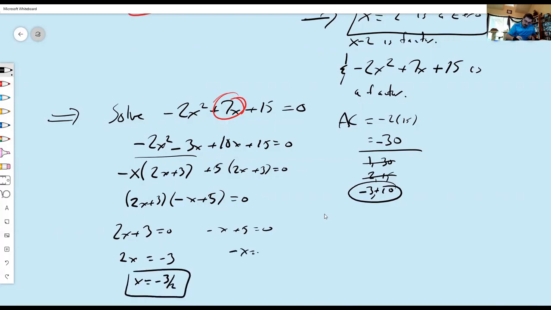Here, minus x equals minus 5, x equals 5. So the zeros in this polynomial are 2, minus 3/2, and 5.